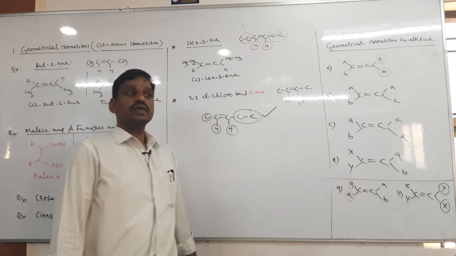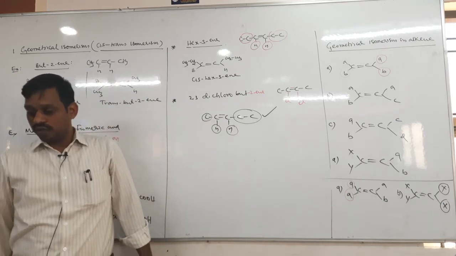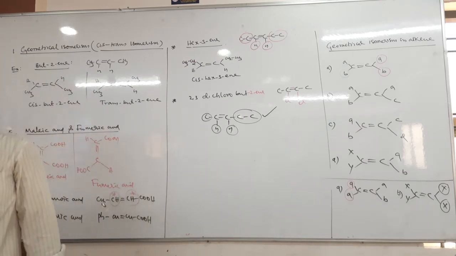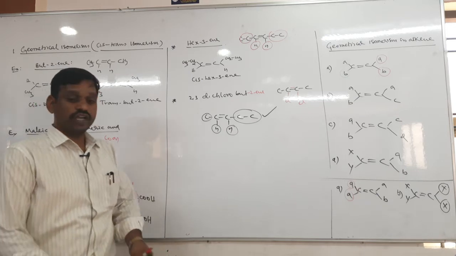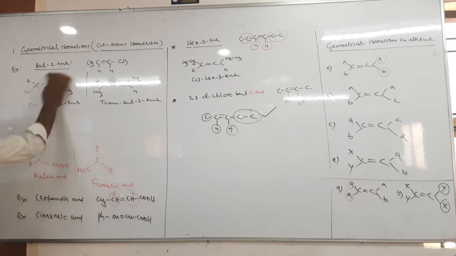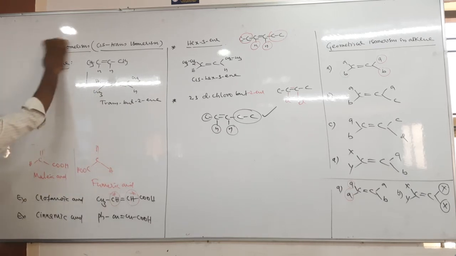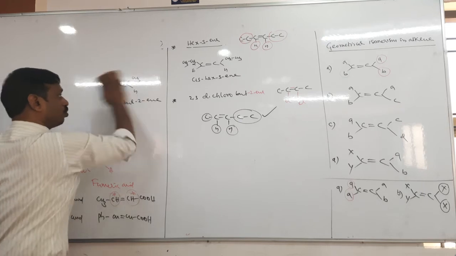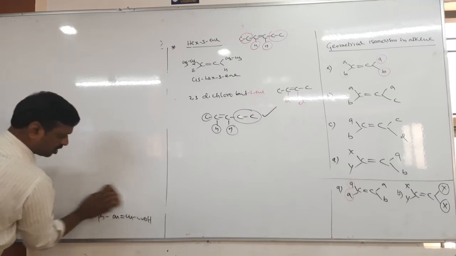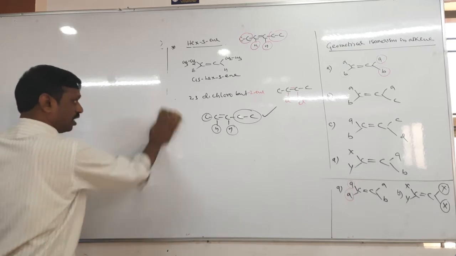Alkenes having a double bond on a terminal carbon, terminal in the sense it may be first or last, do not exhibit geometrical isomerism.